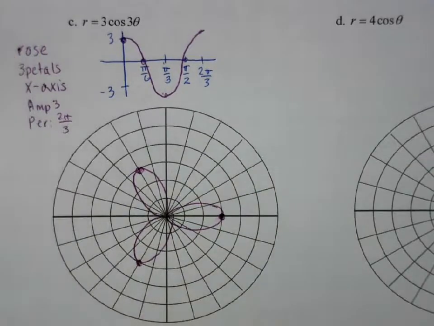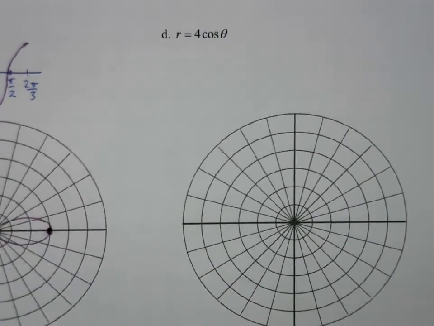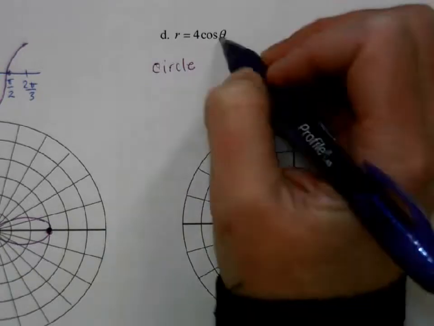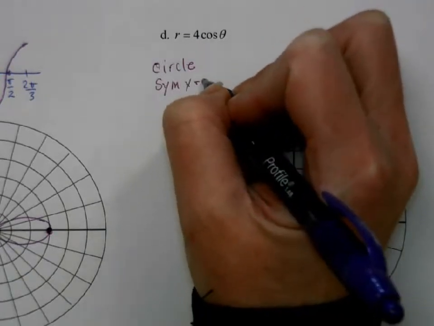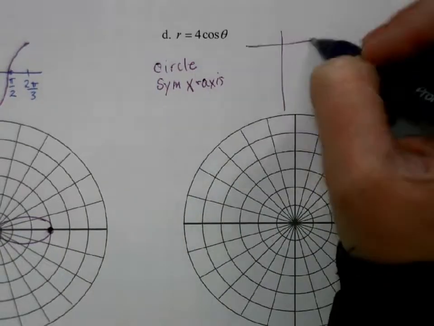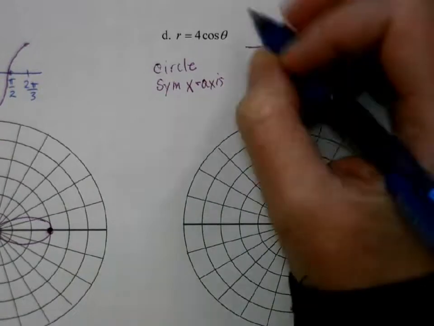Last one we're going to graph here is a circle, symmetric to the x-axis. Again, we'll create a table of values. Theta, r, we'll do 0, pi over 2, and pi, and that's really all we need.